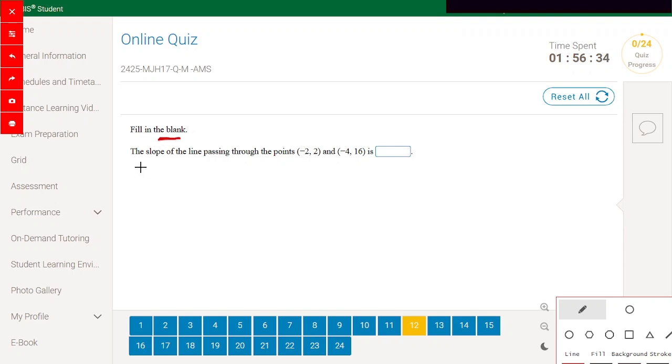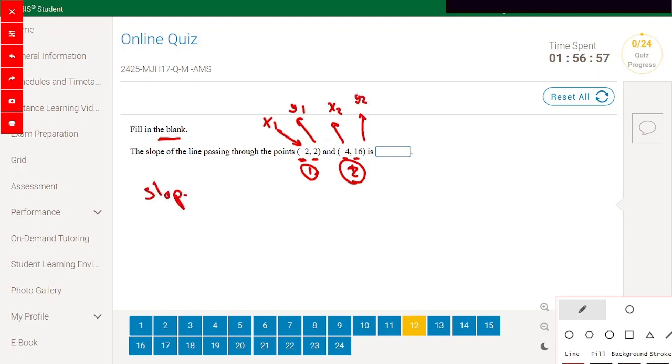Fill in the blank. The slope of the line passing through the points minus 2, 2, and minus 4, 16 is. Okay, so this is point 1, this is point 2, this x1, y1, this x2, y2.